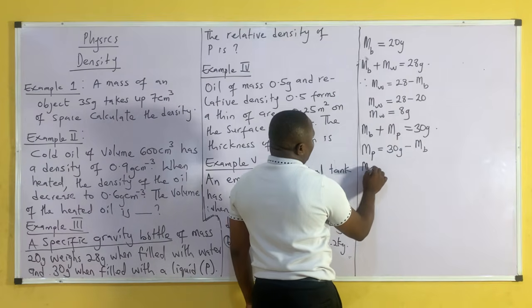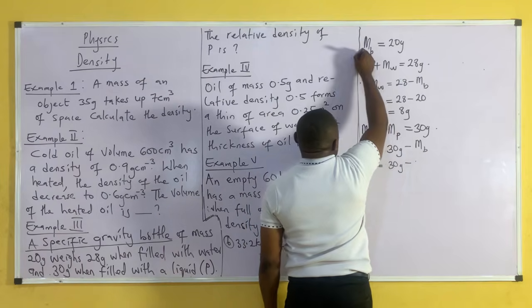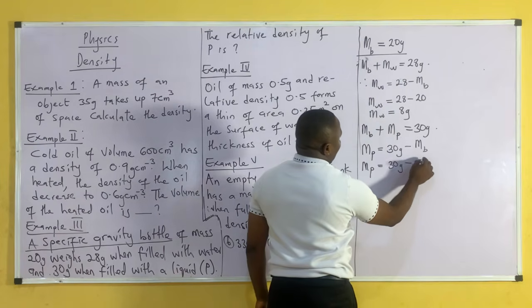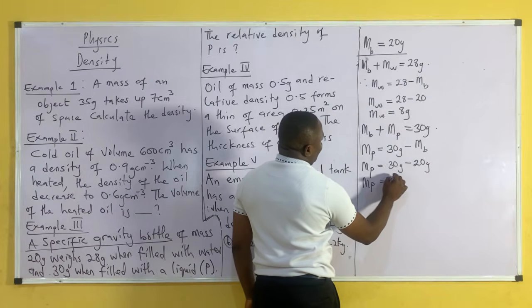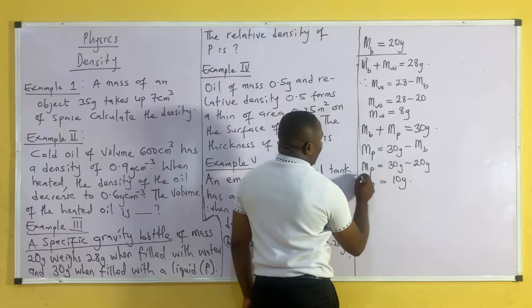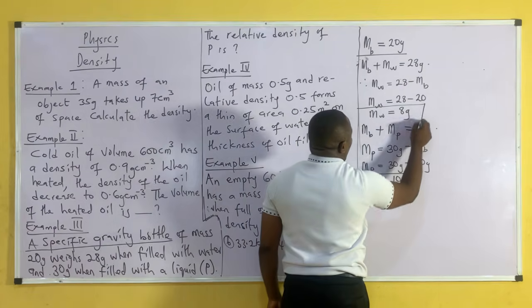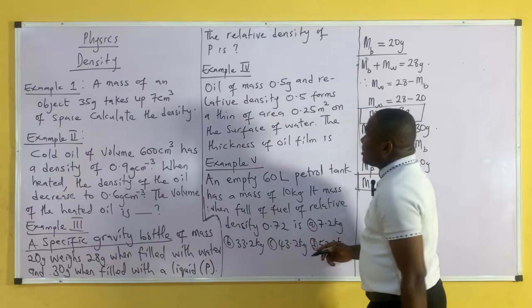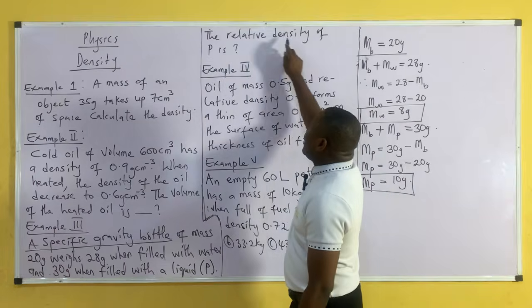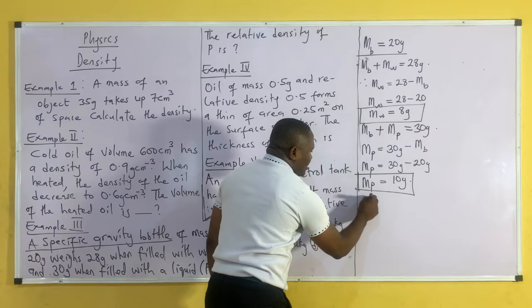So mass of liquid P is equal to 30 grams minus 20 grams, so mass of liquid P is now equal to 10 grams. Now I have mass of liquid as 10 grams. I have mass of water as 8 grams. My question says that we should calculate the relative density of the liquid. So what is the relative density of the liquid?